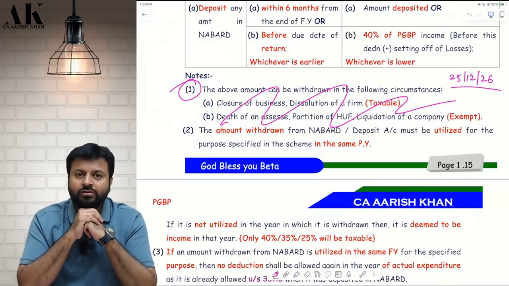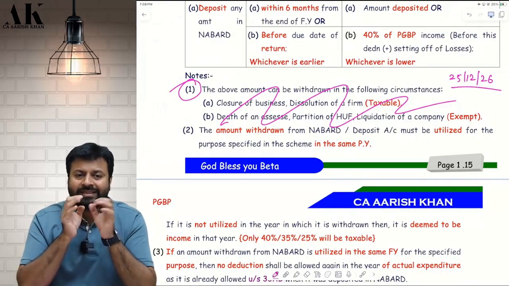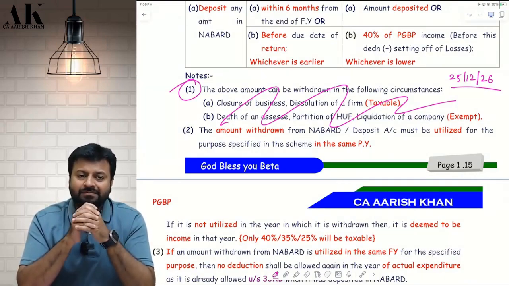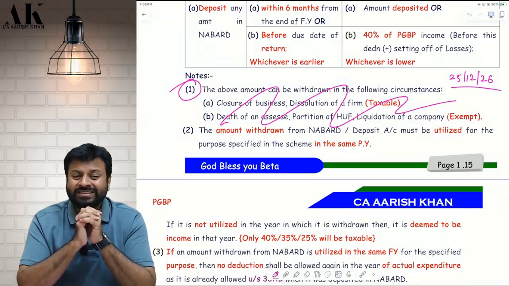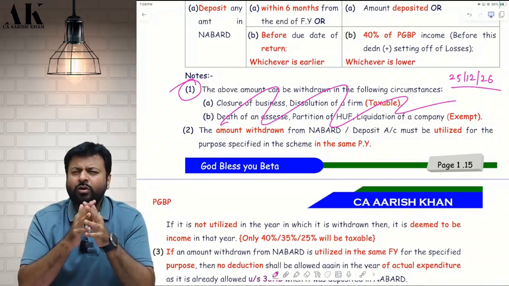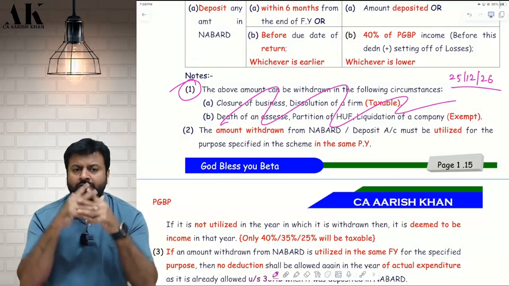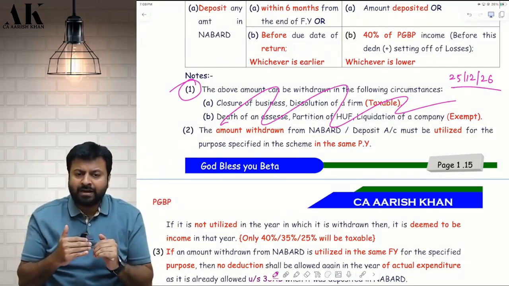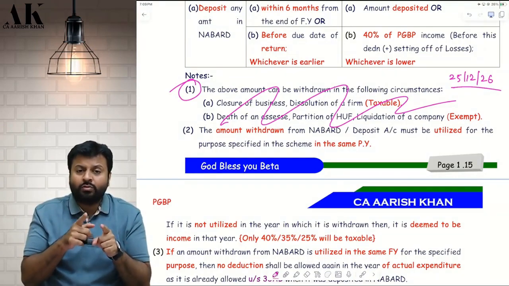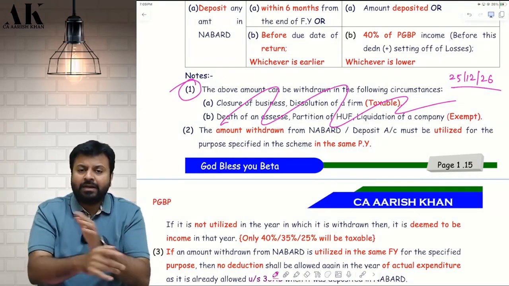Means by 31st March 2027. Sir, what if I don't use by 31st of March 2027? Then it will be deemed income of 2027.